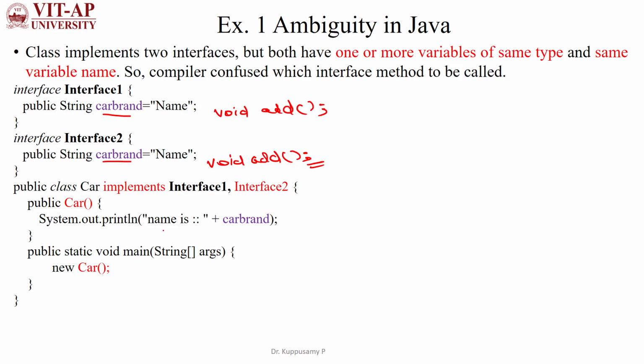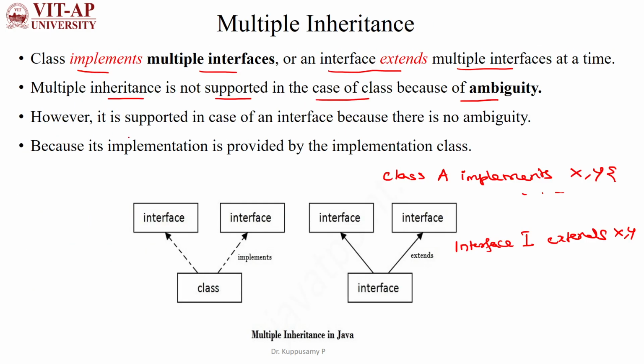So this kind of ambiguity can be supported by the interface concept. Interfaces can support having two interfaces with a similar variable name and similar method names, because the implementation is provided by the implementation class.